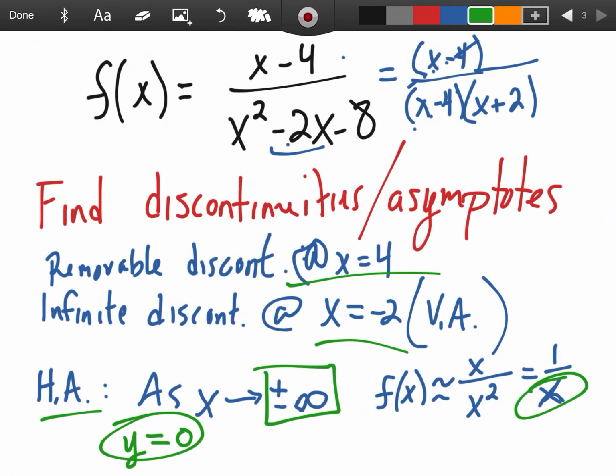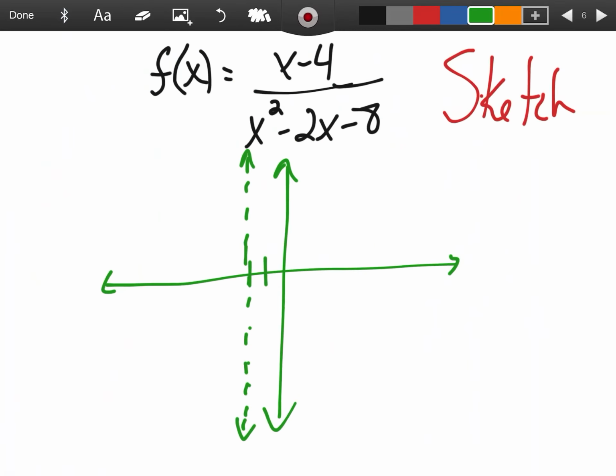Okay, infinite discontinuity at x equals negative 2. All right, let's see. We have a y-intercept at 1/2. So I'll say that this is 1 here. There's my 1/2. I've got a horizontal asymptote at y equals 0. So here's my horizontal asymptote.